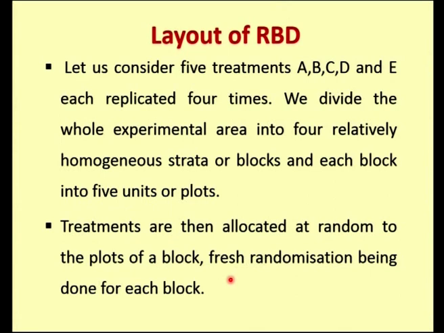Since we have 5 treatments, a single digit number may be chosen from the random number table, so that a number cannot be less than 1 or more than 5. Suppose we have the numbers 1, 3, 5, 4, 2.